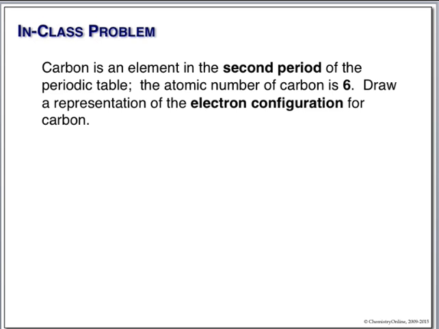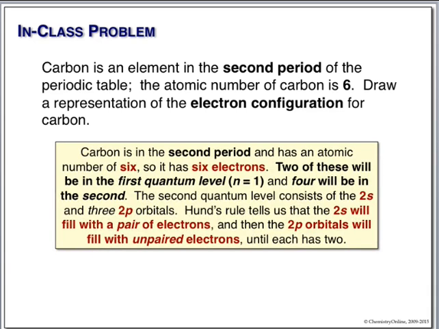Well, because our atomic number is 6, that means we must have 6 protons and, of course, 6 electrons, dealing with a neutral carbon. Of our 6 electrons, we're in our second period, so our first level is full, that's 2. And in our second, we're going to put 2 electrons here in the 2s, and then we're going to have 3 p orbitals.